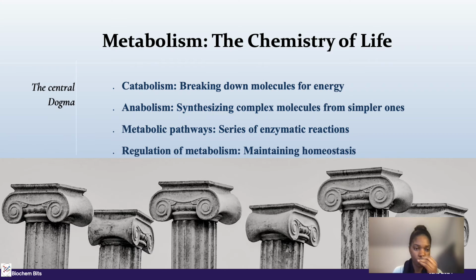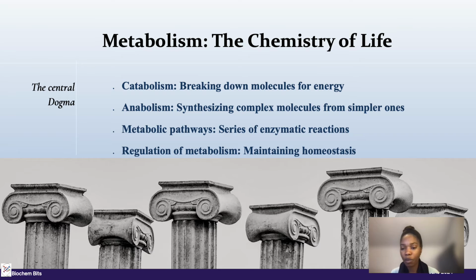Now, another very important aspect of life is metabolism. Metabolism is looking at the network of chemical reactions that sustains living organisms. These are different pathways, talking about the catabolic pathways that break down molecules for energy or to generate the units that could be reused by the body.